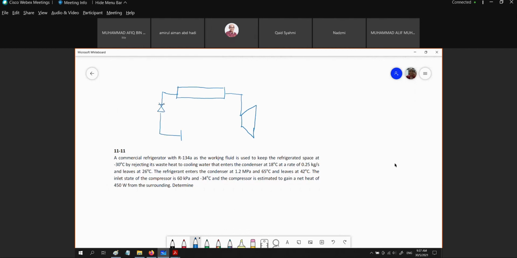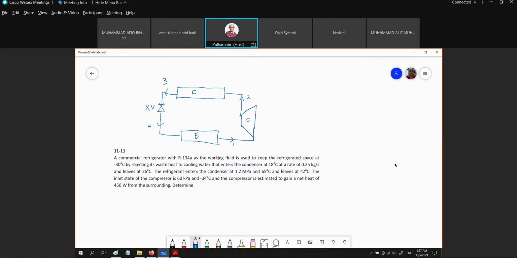Then we have our evaporator. Okay, this is state 1, state 2, state 3, and state 4. Condenser, evaporator, compressor, expansion valve. Okay, our expansion valve.